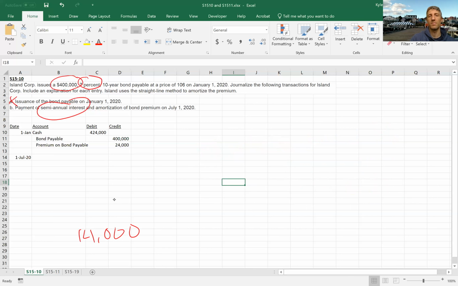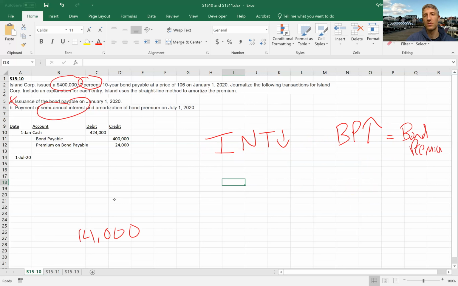And if I write down my inverse relationship again, when interest rates go down, bond prices go up. This is what's called issuing a bond at a premium. Just like in this problem, the bond price increased from 400,000 to 424,000.